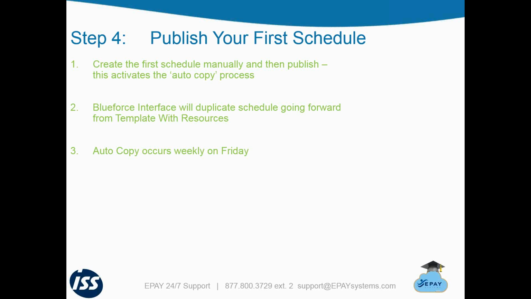Now, one thing I'll show you here as part of step 4 is that once this copy is going, every week, each schedule is being populated. That all remains there. So if you make a change, let's say you create a template in October, and that template's been active until January 1, when we added more business or more hours to a job. Starting January 1st, because you made that change on the template, the schedules that publish after that would be different in the system, and you have a history going on for you.